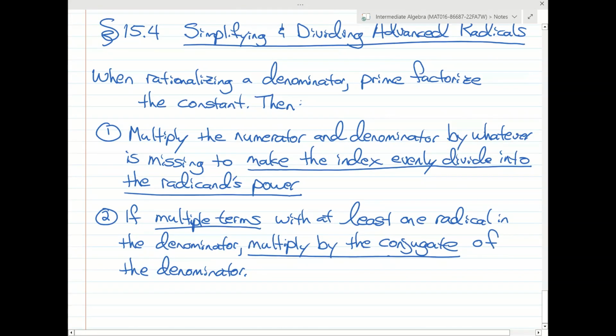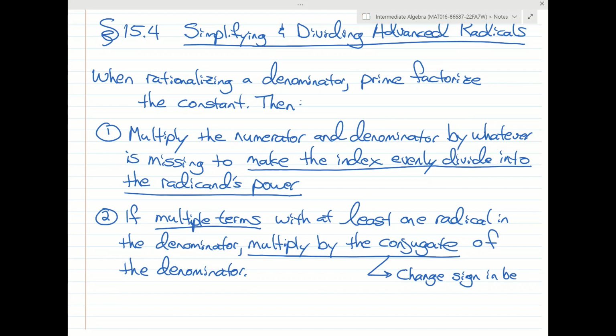And what a conjugate means is you change the sign in between. Just give me a second to copy that down and I'll put all those to use with math.